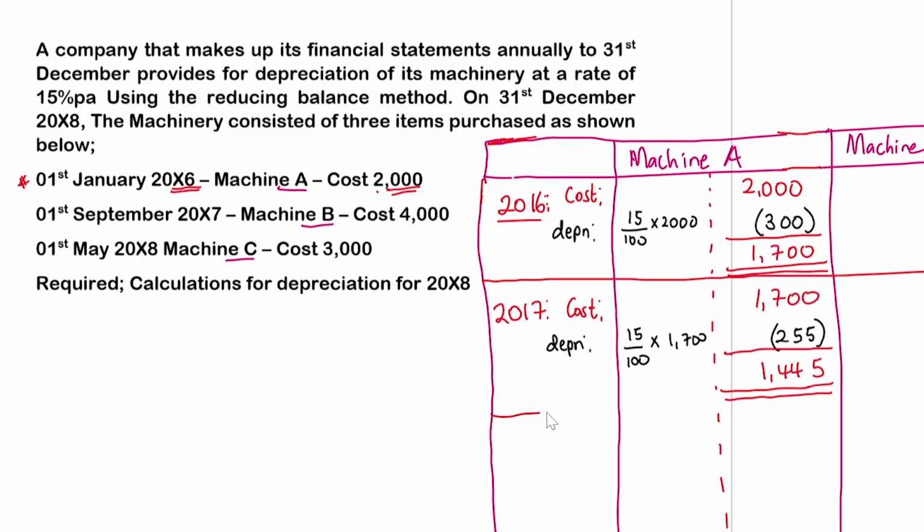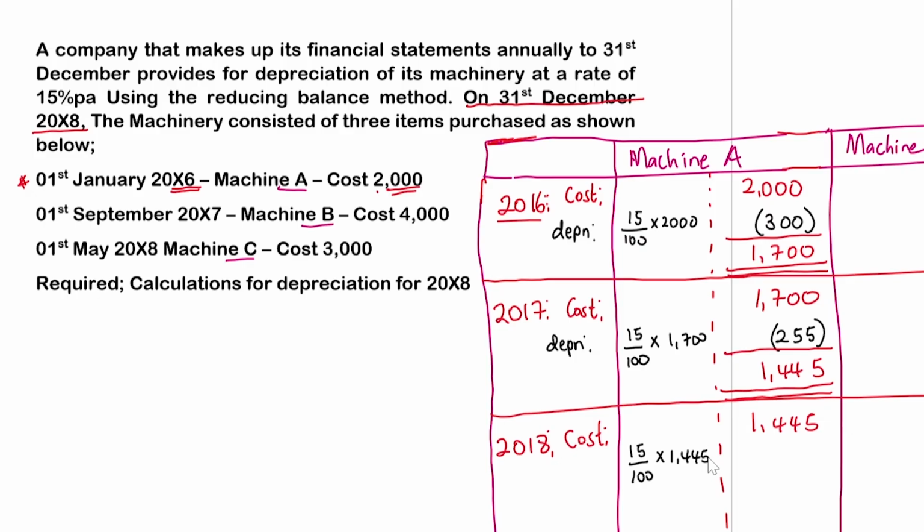Okay, so we finished its depreciation in 2017, then let's go on to 2018, which is the current year, because here they're telling us that on 31st December 2018. So in 2018, we look at the cost of this machine, which is going to be 1,445. Let's talk about its depreciation. That is going to become 15%. Multiply that by 1,445.